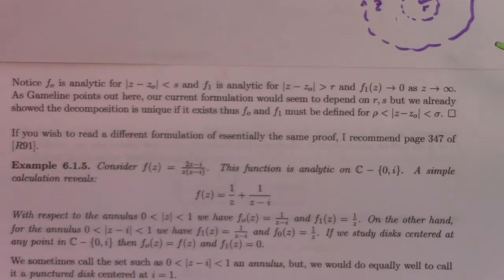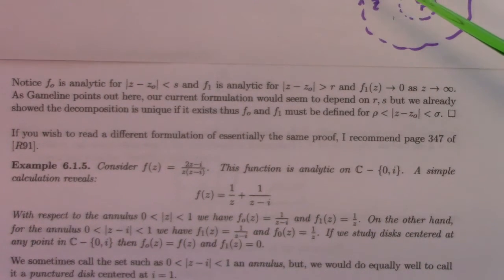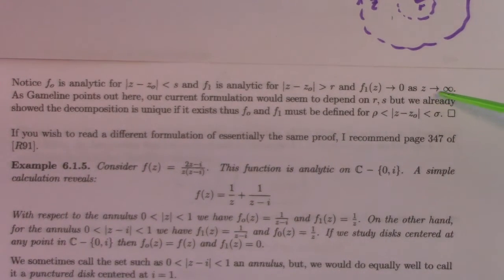And f1 of z goes to 0 as z goes to infinity. As z goes to infinity, that doesn't make sense. I think that should be r, I believe.